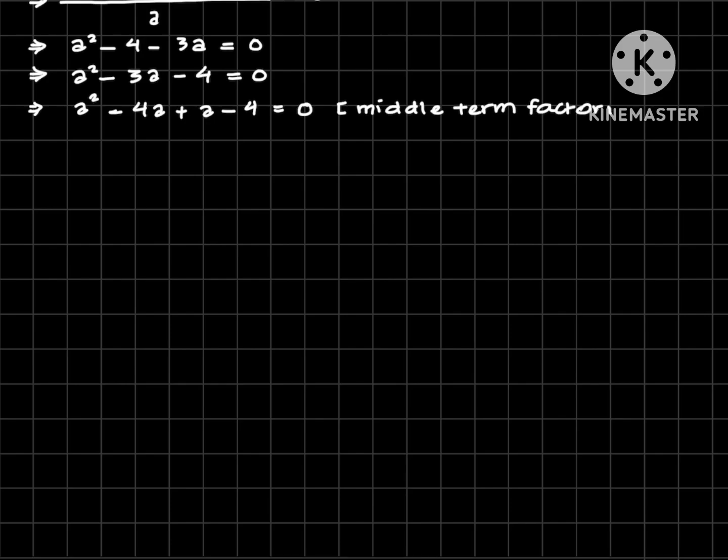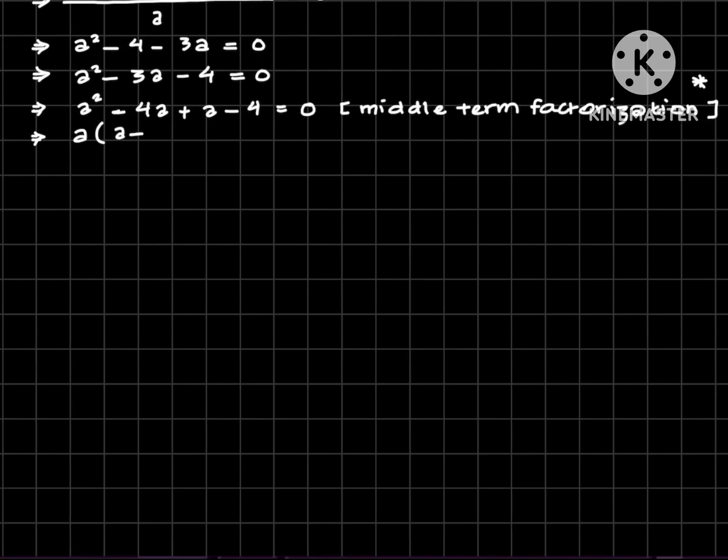Now I did do this mentally because it came to me through practice, and that is something that you should be able to do as well, to be able to do such small factorizations in your head. If you need more practice, I will be linking my middle term factorization video somewhere, so go and look at those, and hopefully it will help.